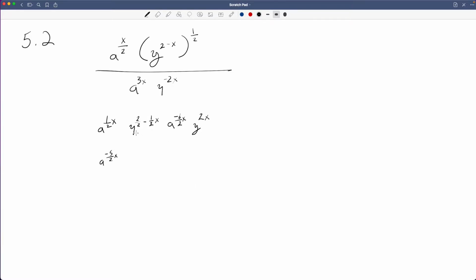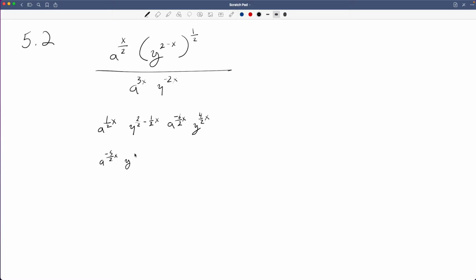All right, and then the y, in order to combine those, I'm going to need to turn this into a fraction with a denominator of 2. So I go 4 over 2 because that still has the same value as 2x. And I can combine this x term with this x term. And because this is the base, because it is an exponent, we want to write it as simplified and succinct as possible.